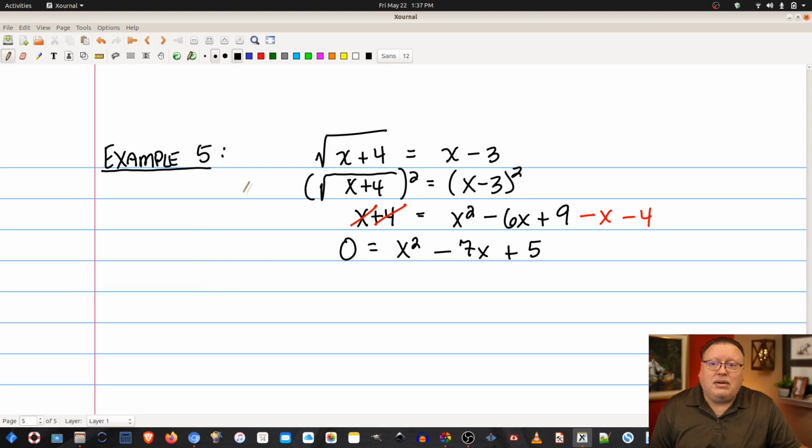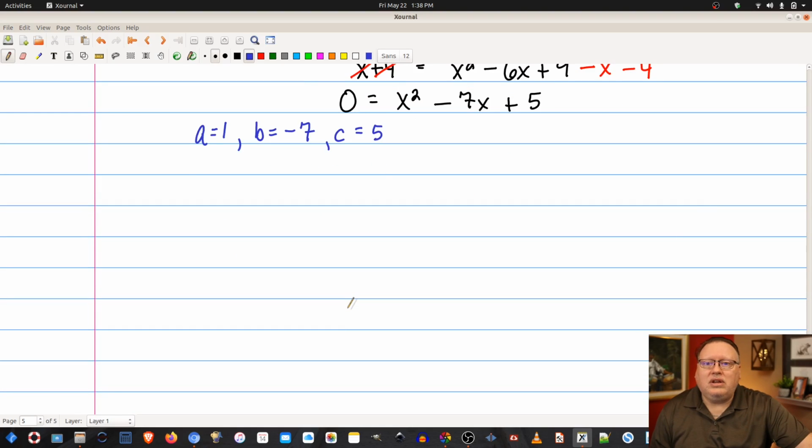So here, and I'm going to switch colors for this portion, we're going to say our a is equal to 1, our b is equal to a negative 7, and our c is equal to 5. All right? And I'm going to scroll down a little bit so that we can do this properly.